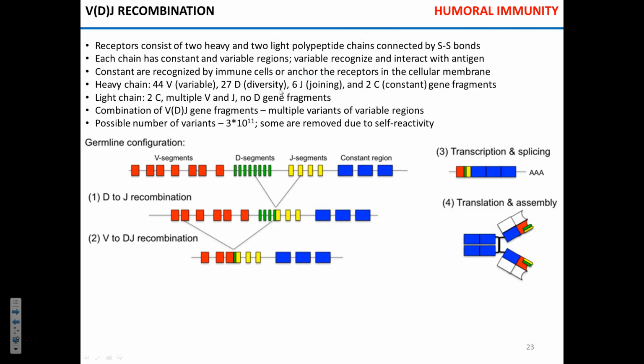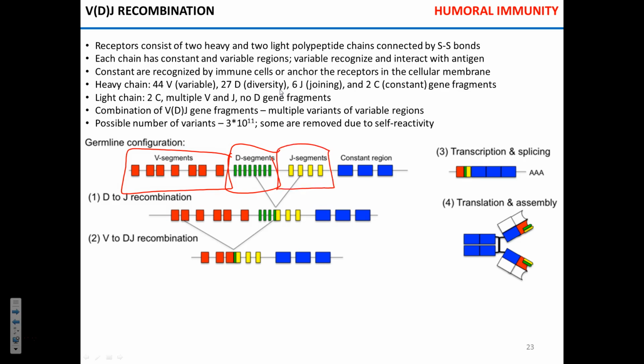Same happens in the antibodies. Turns out that we have genes for fragments of the antibody. So red are called V segments, green are D segments, and yellow are J segments.